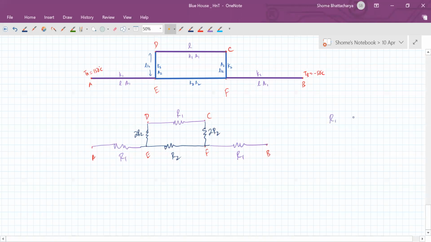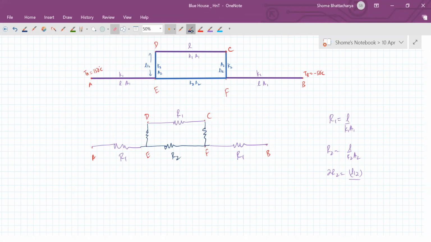So here we can calculate R1, R2, and 2R2 is, sorry, this will be R2 by 2. Length is half. Okay, so let's calculate these values.